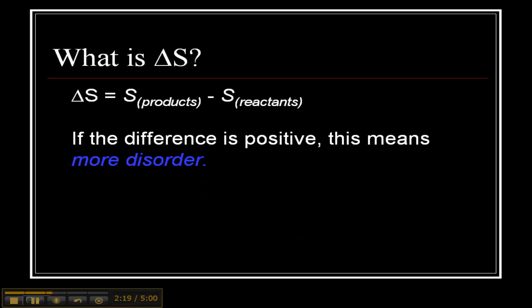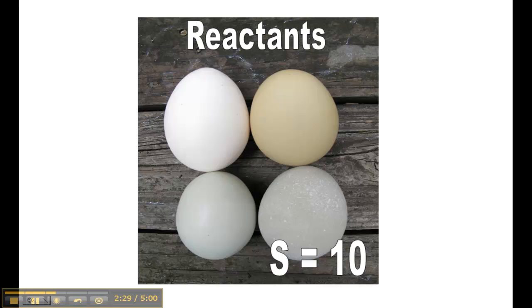So what is the change in entropy? What is delta S? It's products minus reactants. And if the difference is positive, then this means that there is more disorder. So for example, if our reactants are 4 eggs, let's say that there's 10 ways to arrange these different eggs. Okay, so if you have a small number of reactants, then you've got a limited number of arrangements.